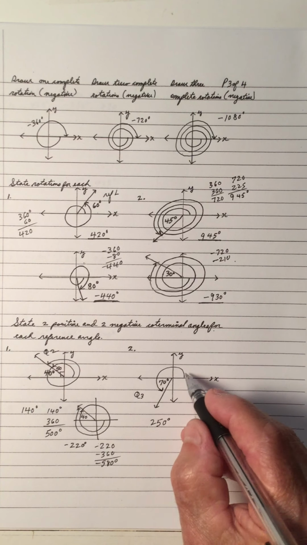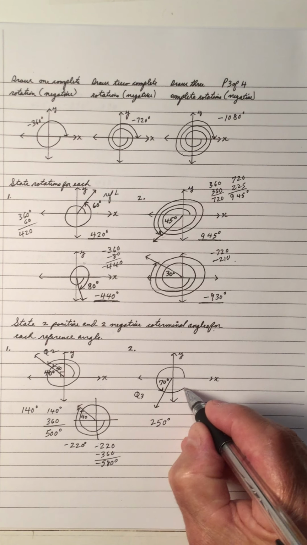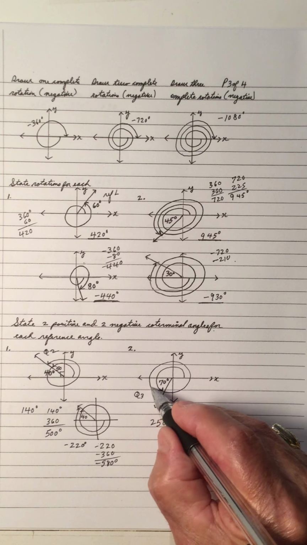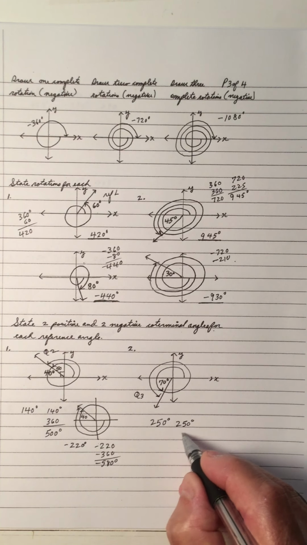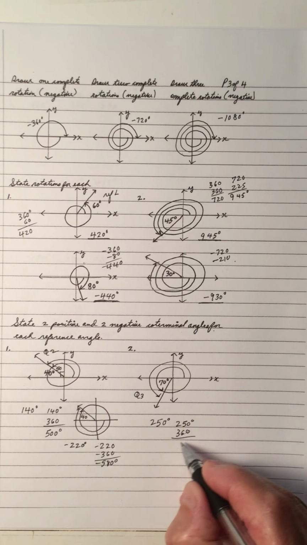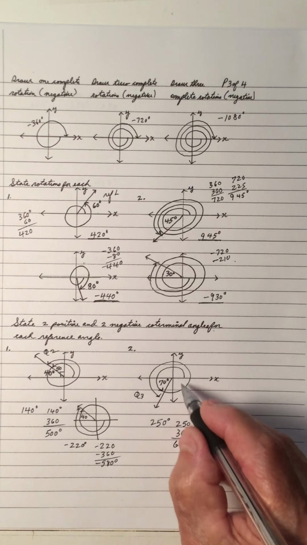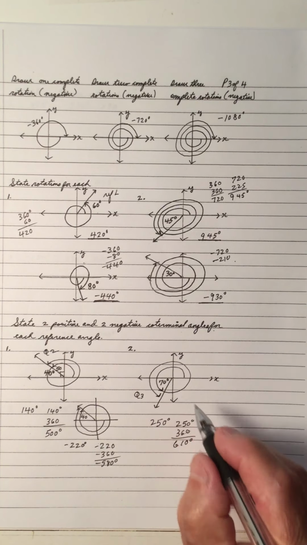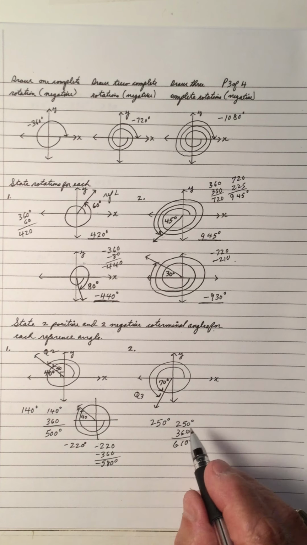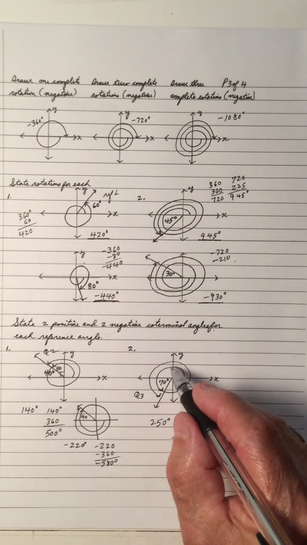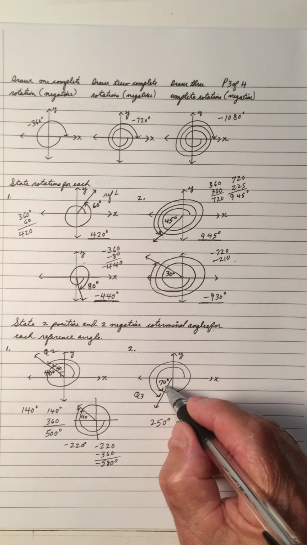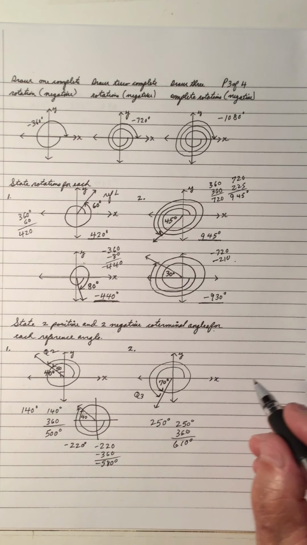Now let's do another one, go positive. So there's the second one. So 250, add on 360, gives us 610. So 610 degrees is the same coterminal angle as 250, because they end up in quadrant 3 with the same reference angle, same terminal arm.